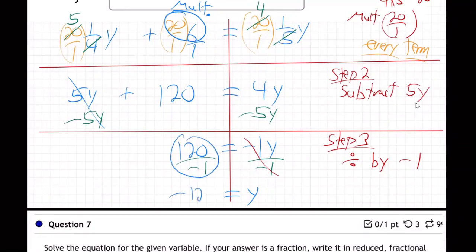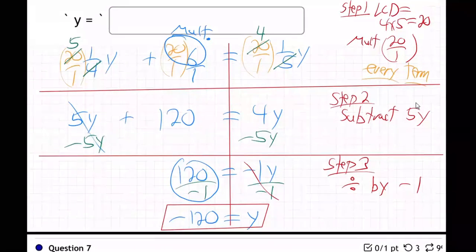This comes out to be minus 120, doesn't it? Because a positive divided by a negative is negative. 120 divided by 1 is just 120. So there it is. We got our y alone. It is negative 120.